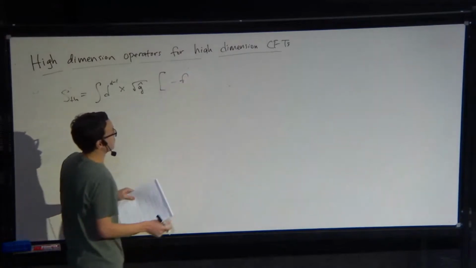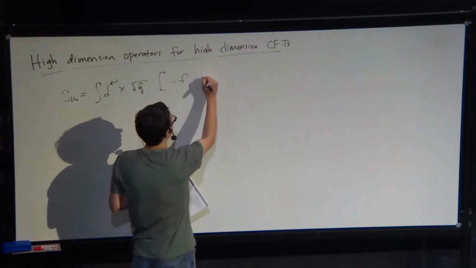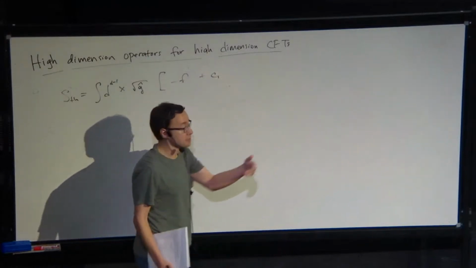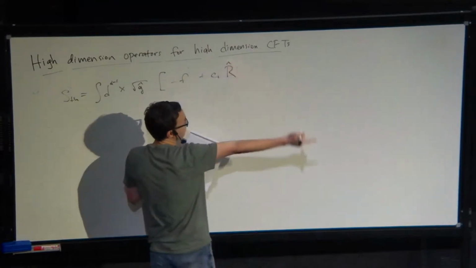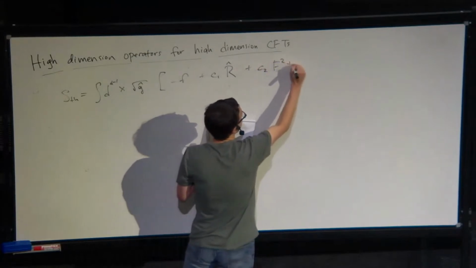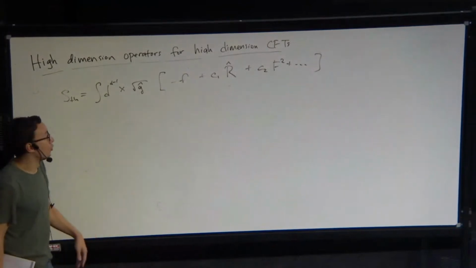So we could write down a cosmological constant. My convention is I'll put a minus sign here, just for convenience. And then we write down all terms we can build from these fields. So we can write down an Einstein term. I put this hat, meaning I use this g hat instead of g. We can write down a Maxwell term, and you can keep going. You can write down Einstein squared, F to the fourth, whatever.